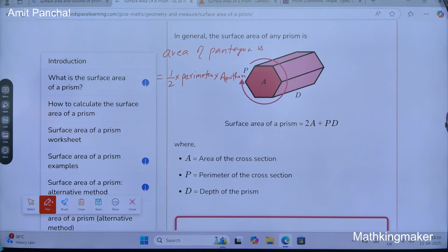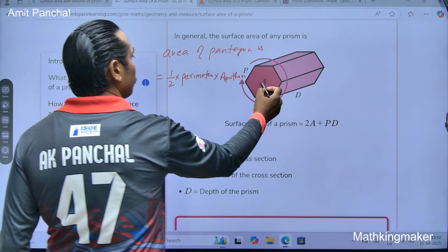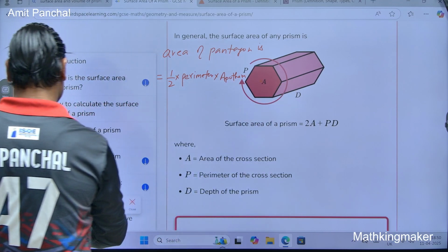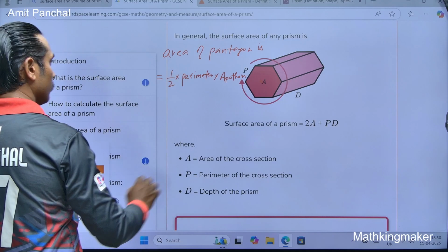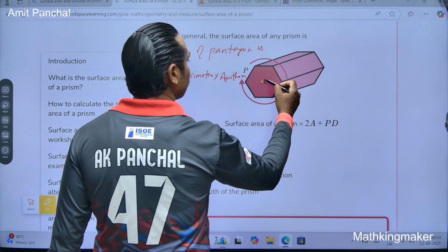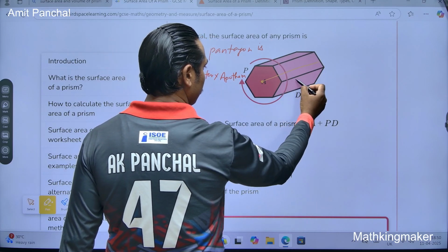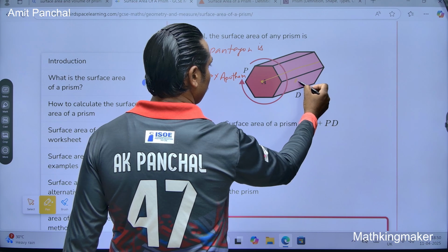Okay. So what is apothem? Apothem is just if you connect the midpoint of the base and find the height from there. It is the apothem.